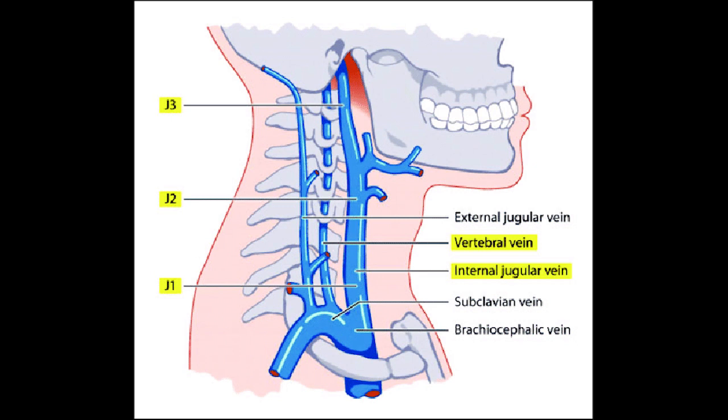In the angle between the internal jugular vein and the subclavian vein, the thoracic duct on the left side and the right lymphatic duct on the right side drain the lymph.